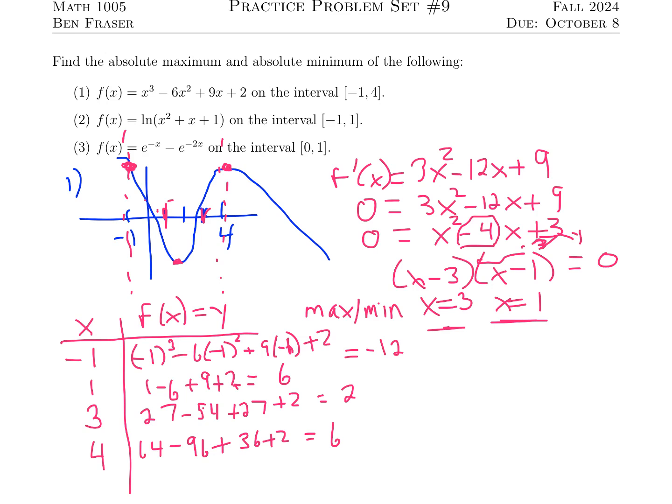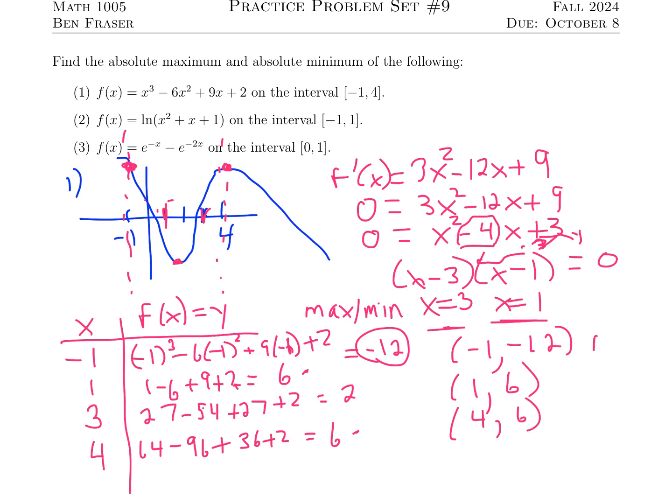And so when I look at my y values here, I've got a lowest value of -12, and that occurs when x equals -1. So I have the point -1, -12. And the highest value I have seems to be 6 here and here. So I have 1, 6 and 4, 6.